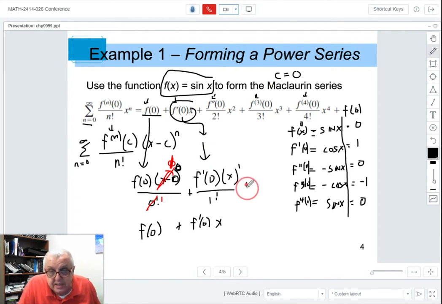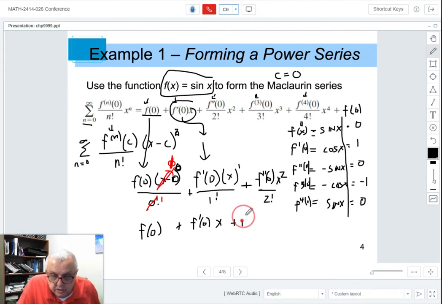I'm going to do the second derivative now. Second derivative, we're plugging 0 in. And if you notice, if we put a 2 here, we have x to the second power, and then we have 2 factorial, which is just 2.